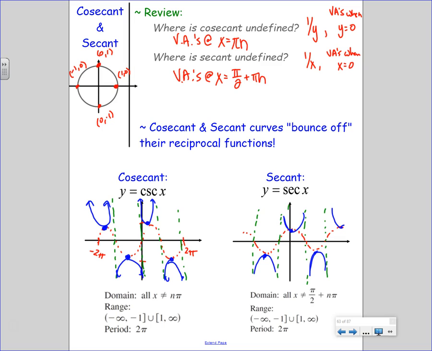But the nice thing is, if we just remember that cosecant and secant bounce off their reciprocal functions, then for cosecant, we could just look at the sine curve. And for secant, we could just look at the cosine curve.